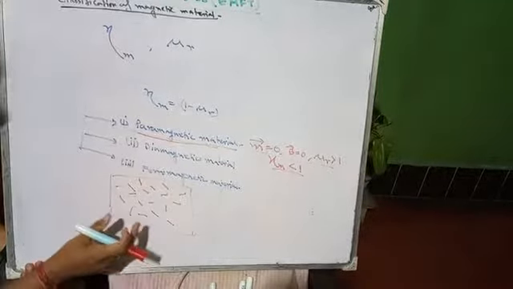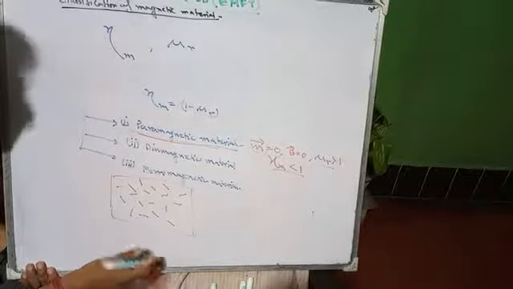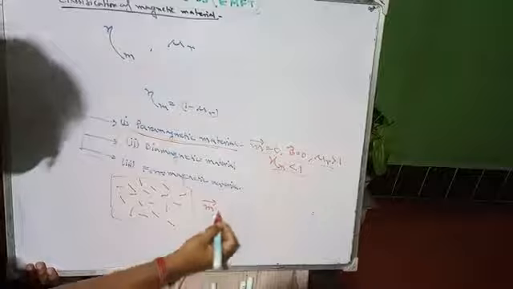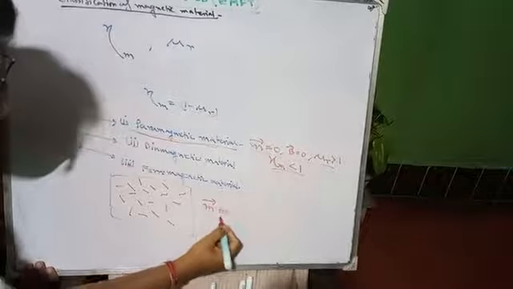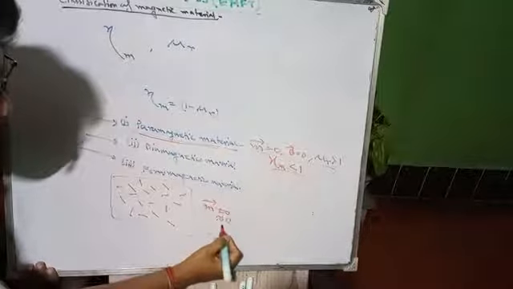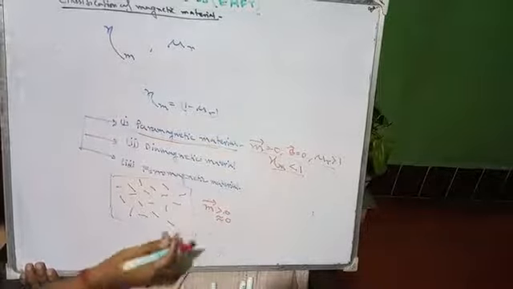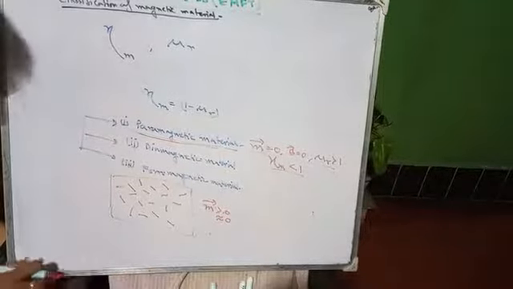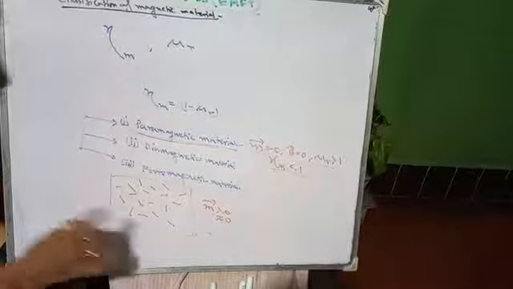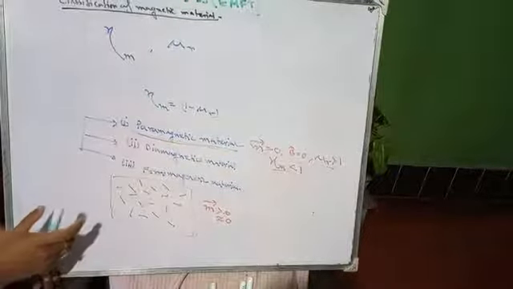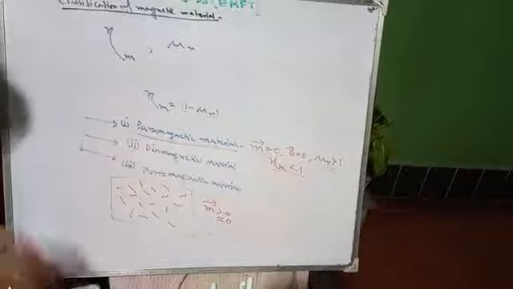That means the magnetization M becomes not equal to 0, but tends to 0. M greater than 0, but tends to 0. That means a small amount of magnetization will develop inside the material under the experience of an external magnetic field.